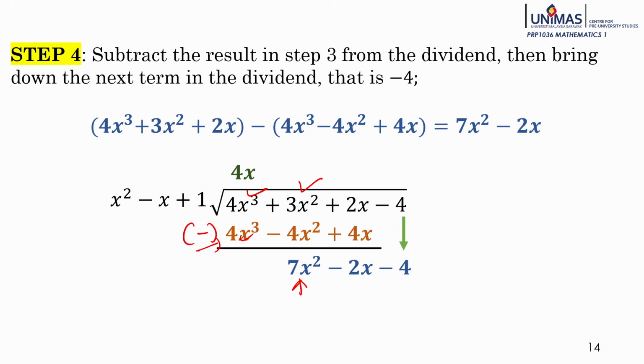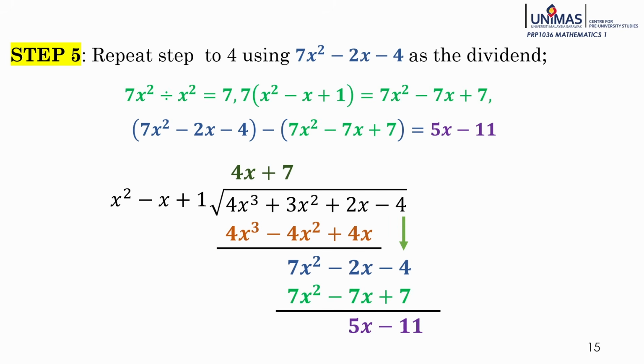Then 2x minus 4x gives negative 2x. And then we bring down the negative 4. Then we repeat steps 2 to 4 using this as the dividend.